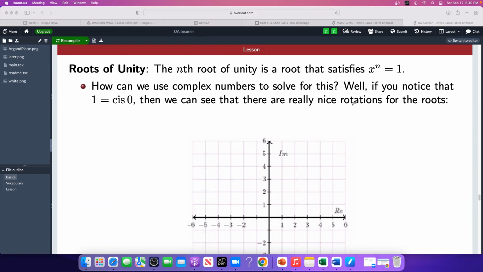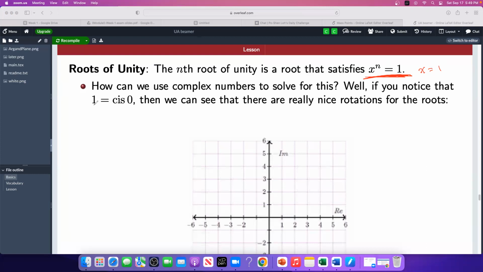So how can we use complex numbers to solve this? Well, how do we solve this? Roots of unity satisfy this. Obviously one of the answers for x is going to be x equals 1. And why can we use complex numbers to solve this?